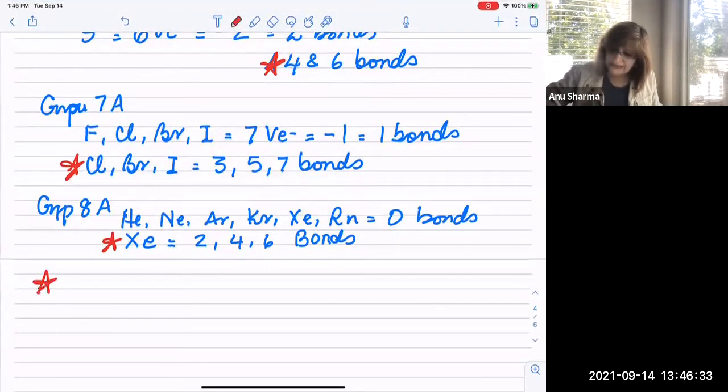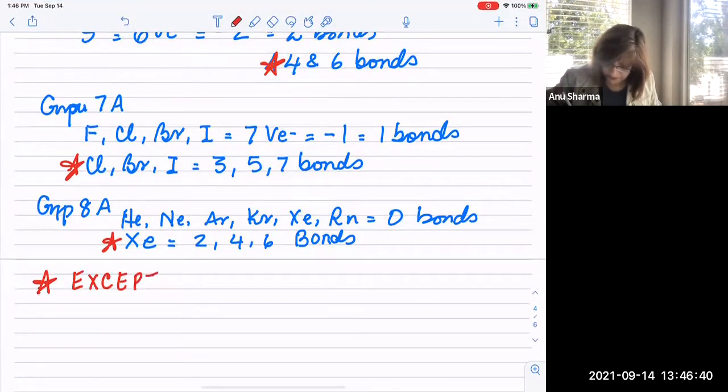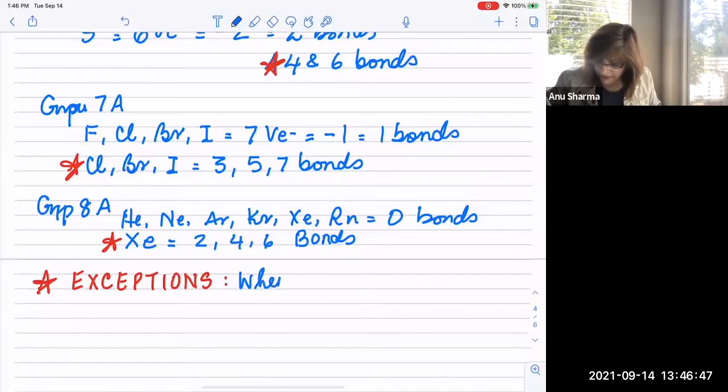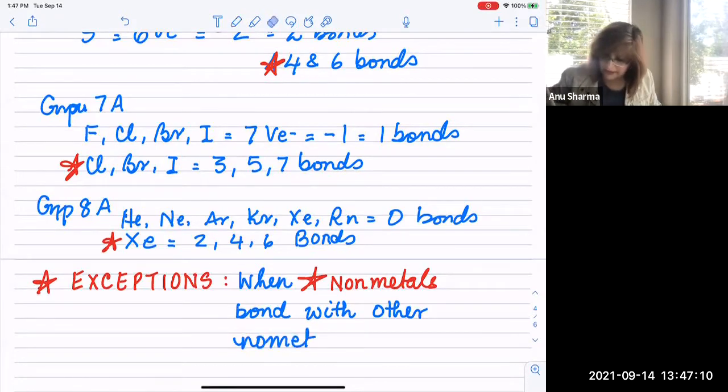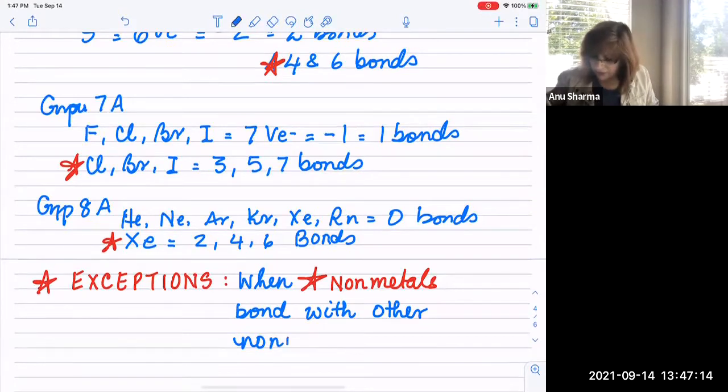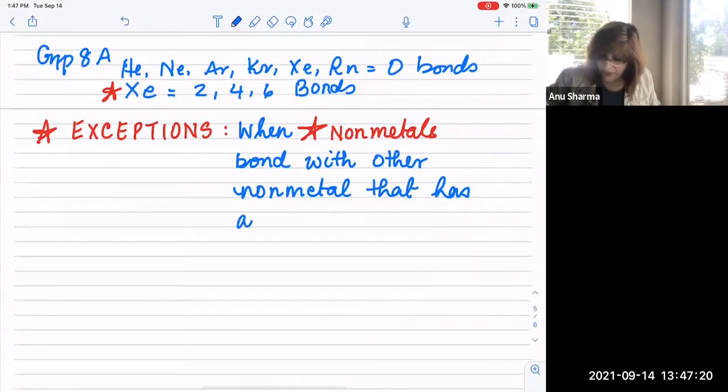So here, these are the exceptions. The exceptions are when the starred nonmetals bond with another nonmetal, and it has to be a nonmetal, that has a higher electronegativity.